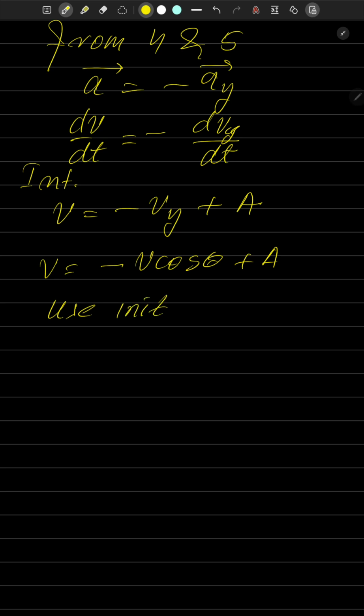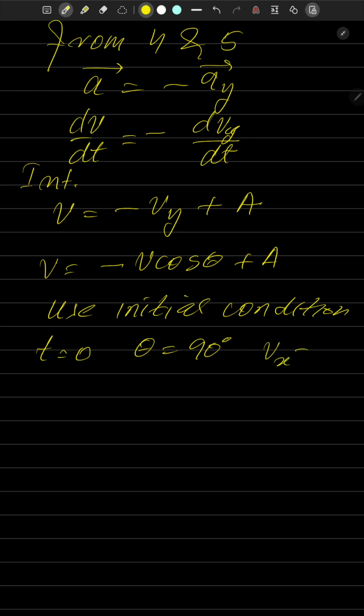If you are aware of the initial conditions of this problem, you know that at t equal to 0, your theta was 90, and also your velocity along the x-axis was v naught, and your velocity along y was 0.